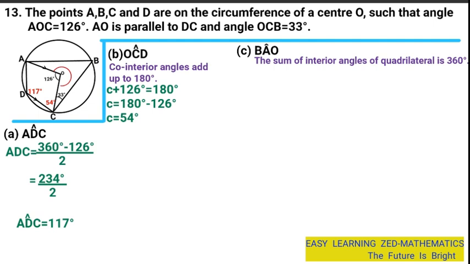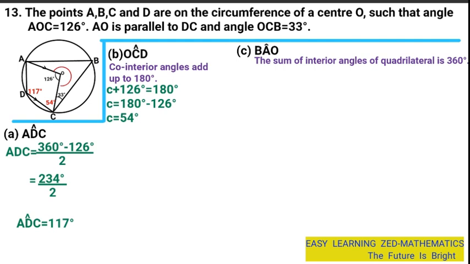To use this property efficiently, we're going to find angles that are not given, where we have a chance of finding them. Angle ABC can be found because we are given 126, and the angle on the circumference is half of the angle on the center.